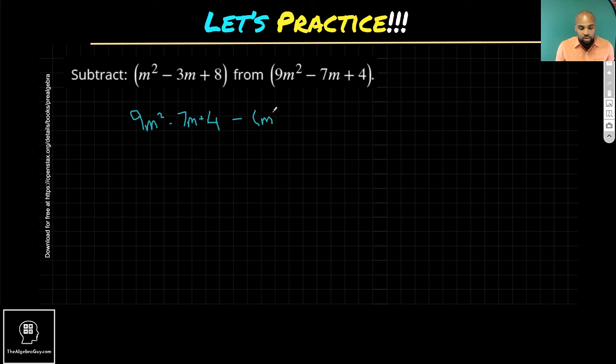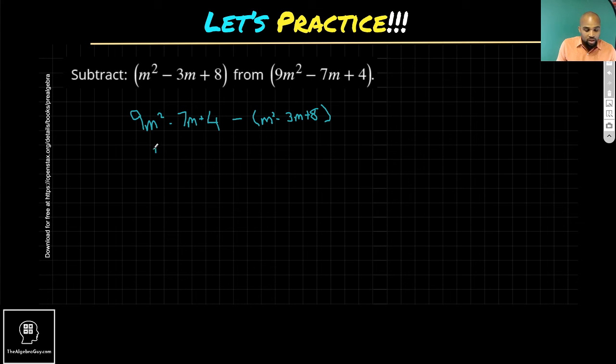So here's my m squared minus 3m plus 8. Now I'm having to use my mouse again because my writing tool is not wanting to cooperate. So it looks like child's writing, but hopefully you can still follow along. Now remember, this minus is going to subtract everything, not just this m squared. So I'm going to rewrite this to reflect that I'm subtracting everything.